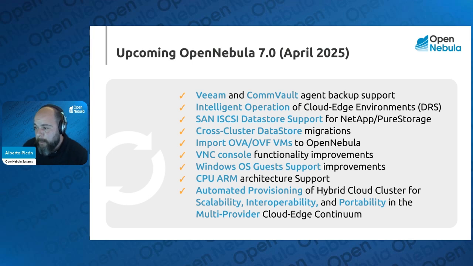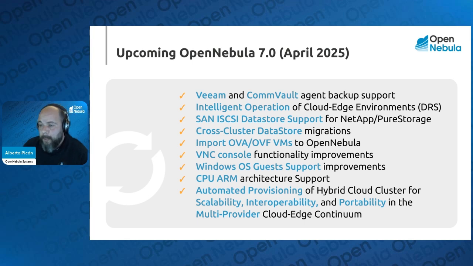VNC console functionality improvements will deliver a much closer usage experience to what you will find in VMware environments. The Windows OS guest support will be improved too, to ease the conversion process and improve performance. And one of the things that I think will be a unique feature for OpenNebula will be the CPU ARM architecture support.